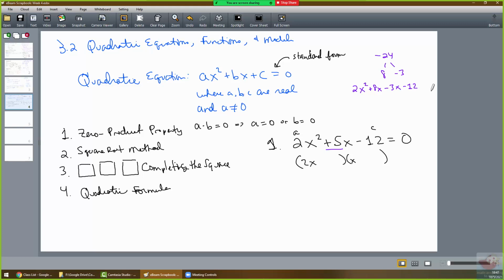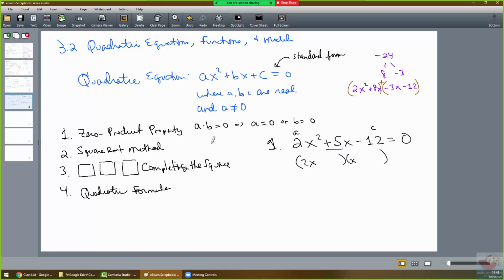So all you did was you split the 5x into two pieces. And the reason you picked these two pieces is because now you can group the first two terms and you can group the last two terms. All right. So if we group the first two and group the last two, if there's a negative on the third sign here, keep it with that term and just sneak in a plus sign.